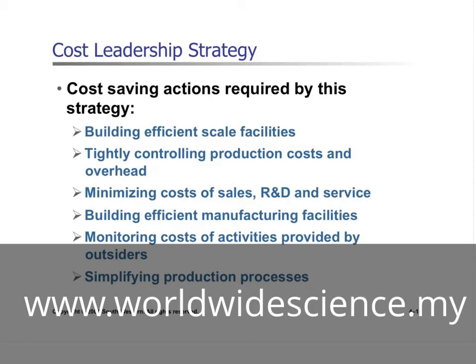Companies like McDonald's and Costco are taking out the last penny that they can to make it as cheap as possible. Everything should be efficient, including the facilities where they produce the products. Everything should be cost efficient.